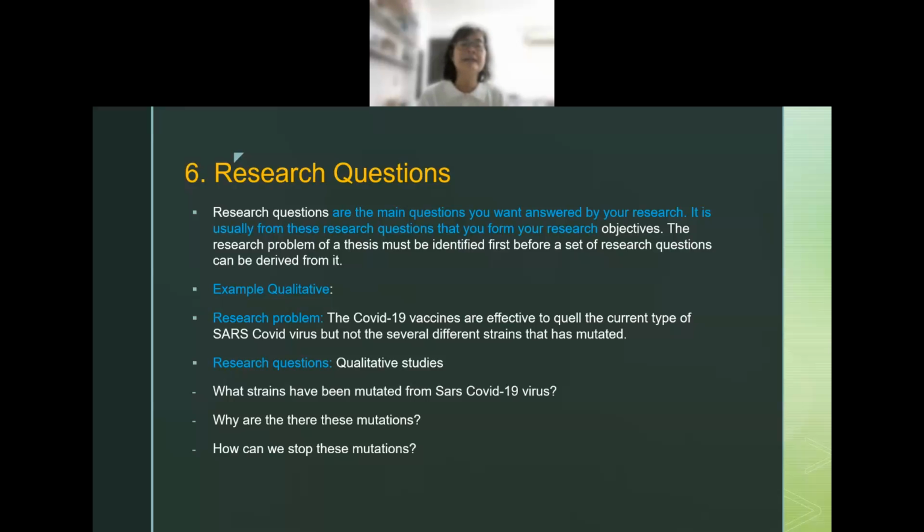So what are the questions that you want answers to? That is what research questions are. You want to know what strains have mutated, what the mutations are like, how can we stop them. These are the general research questions, from which we will create more.